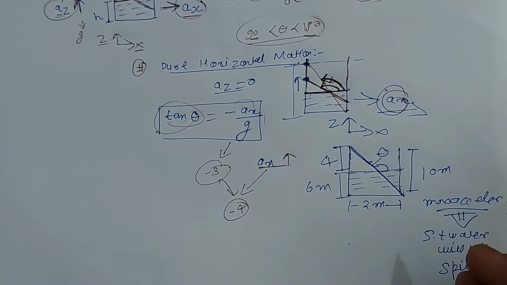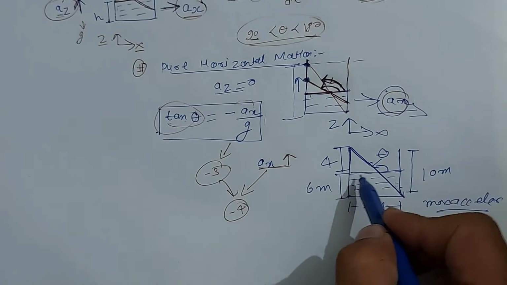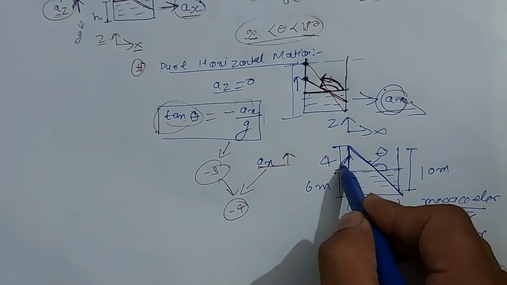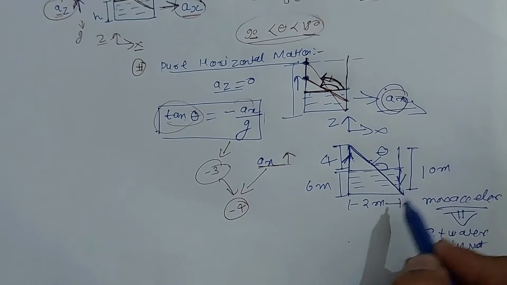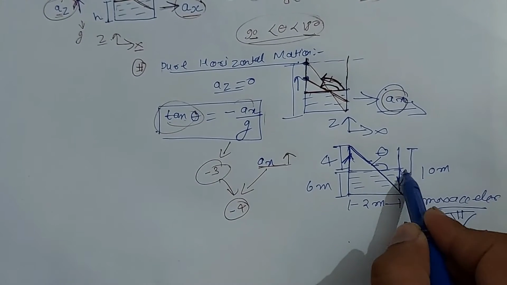We know that it is an incompressible case. So if the water has gone 4 up this side, then it must have gone 4 down this side. So this must be 4 also.